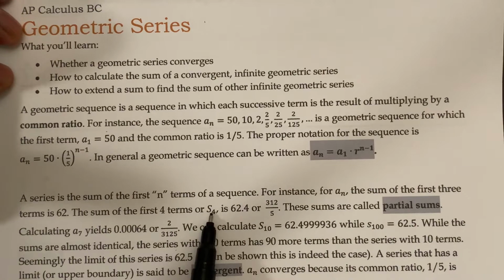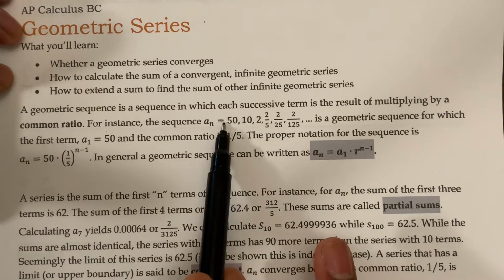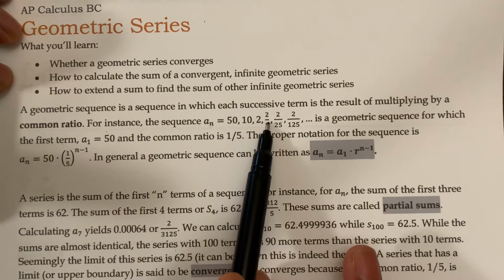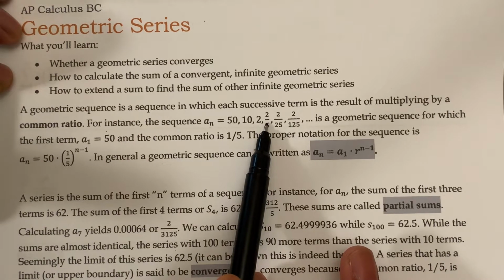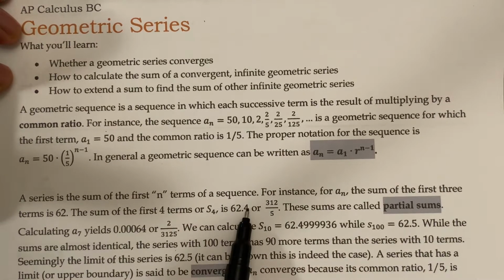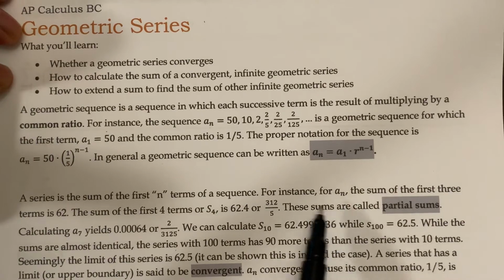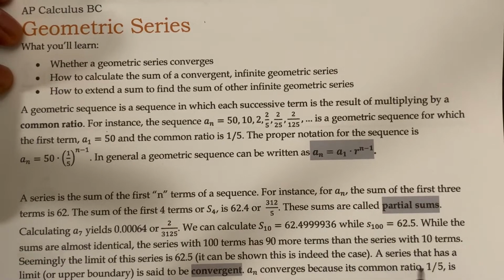So down here we have S4 is 62.4 because 50 plus 10 is 60, plus 2 is 62, plus 2/5, which is 0.4. That's going to give us 62.4, or as a fraction, 312/5. These sums are what we call partial sums.